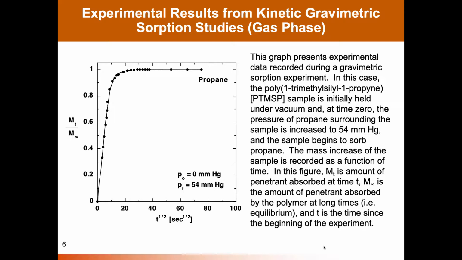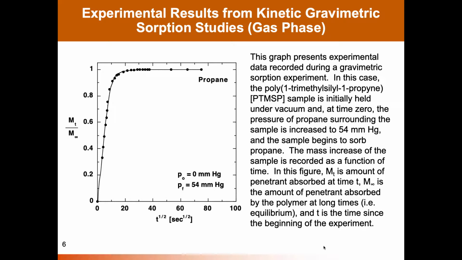Once exposed to this much propane in the gas phase, the polymer mass starts to increase as some of that propane is absorbed by the sample. Often we'll plot the data as the fractional mass uptake. This is the mass uptake at time t since the experiment started, divided by the mass uptake at long times after the experiment is over.